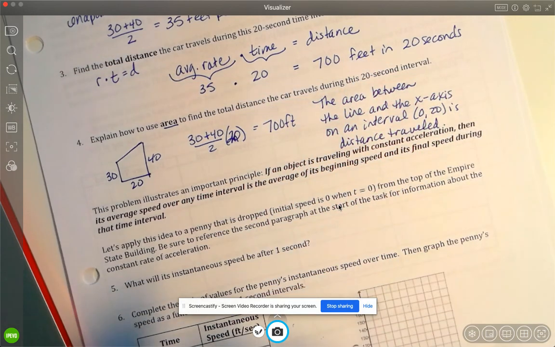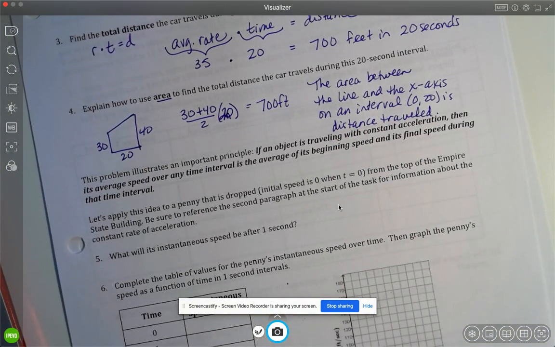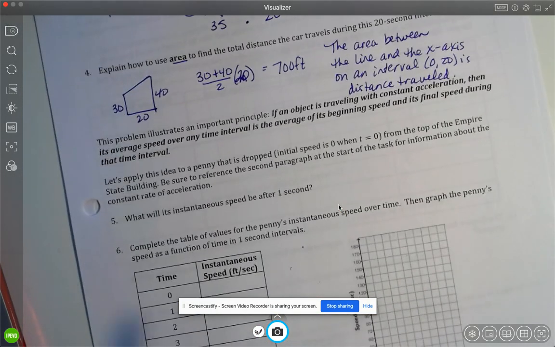So you can use the area under that graph to show the same thing that we found in the other method. So this problem illustrates an important principle.